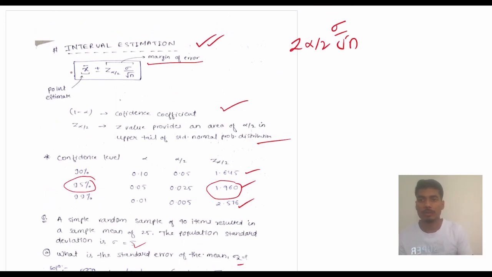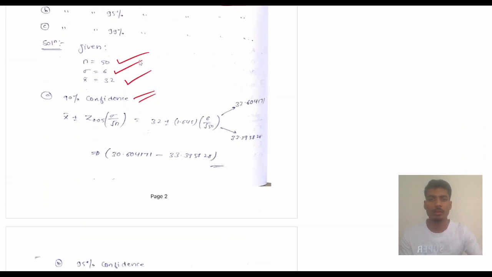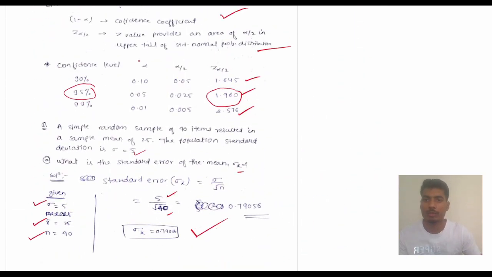Okay. So for the interval, this is the formula: x bar plus minus z alpha by 2 sigma by root of n. We have to find the interval of the population mean for 90% confidence. See, x bar we know is 32 plus minus. When 90% confidence level is there, then z alpha by 2 is 1.645.